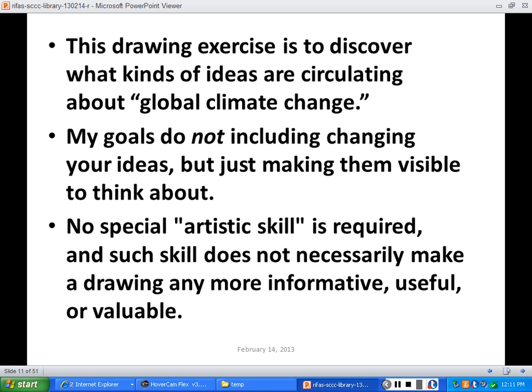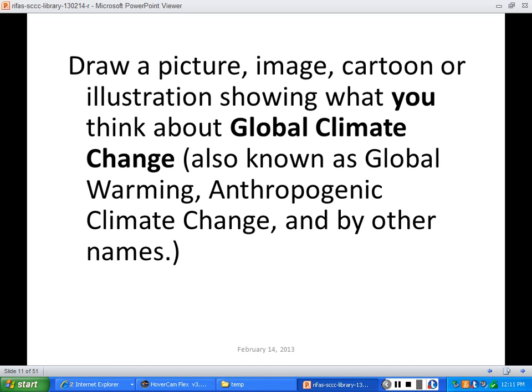A lot of people draw stick figures, which is fine because there's an amazing amount of information that we can learn from a stick figure drawing. So this is the assignment. Draw a picture, image, cartoon, or illustration showing what you think about global climate change, also known as global warming, anthropogenic climate change, and by other names.